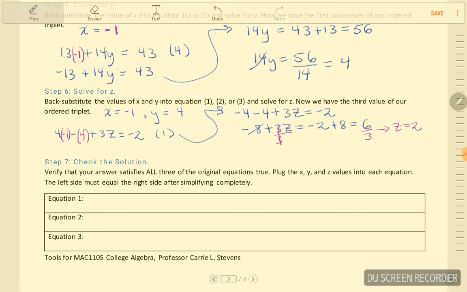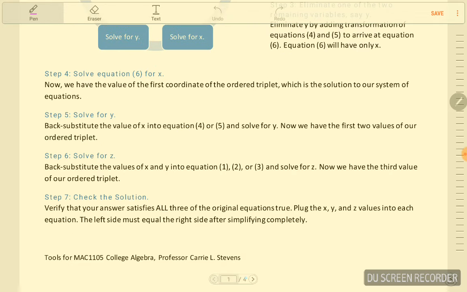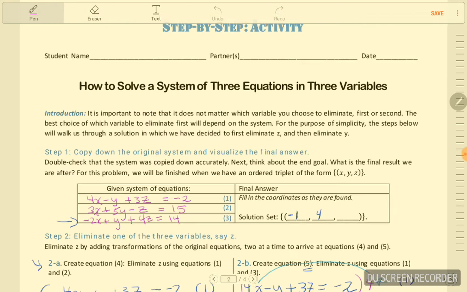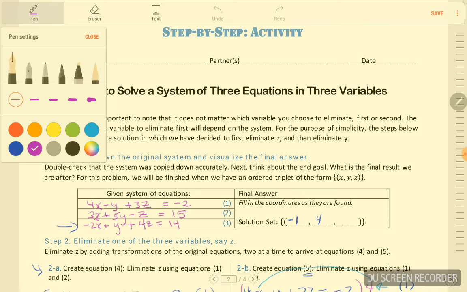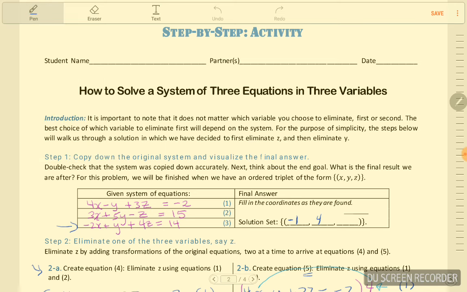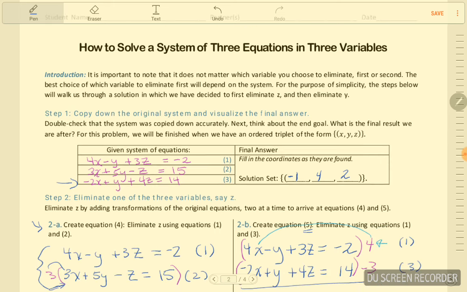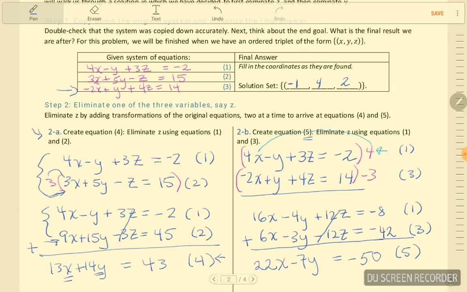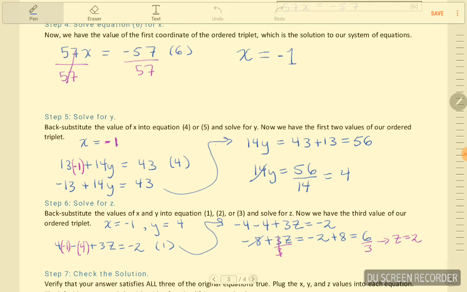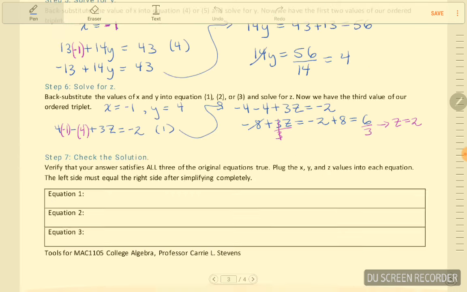So let me go back up to my ordered triplet and complete the solution point. Now, I'm not done yet though, because I still need to check my work. I need to check my answer to make sure that it works.